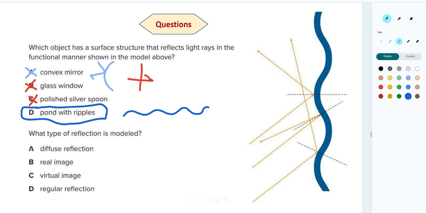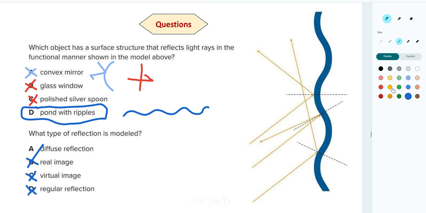What type of reflection is modeled? It's not a plane mirror, so we can see that it's not a plane mirror. We didn't talk about real images yet in this video, but we know that this is not a real image or a virtual image. It's not regular reflection, because regular reflection happens in a plane mirror.